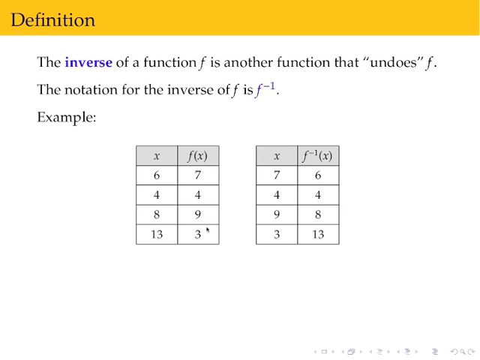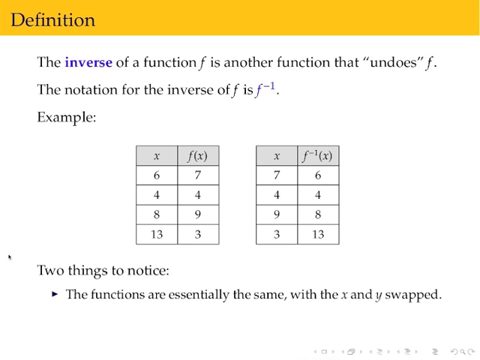And notice that these tables are almost identical. All I had to do was swap the x and the y column. So let's actually have those things written out for us. The functions are essentially the same with the x and the y swapped.